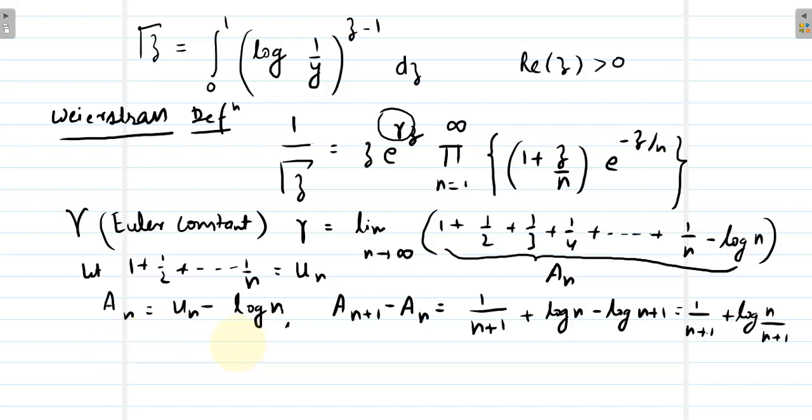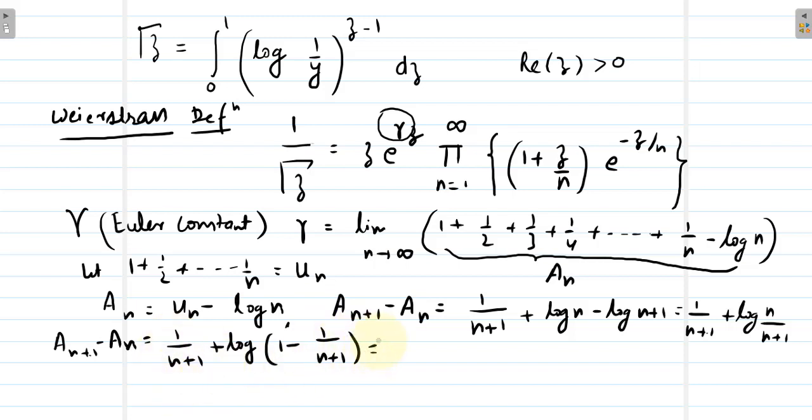Now, we can write an plus 1 minus an as 1 over n plus 1 plus log of 1 minus 1 over n plus 1, since this is n over n plus 1. And now, expanding this log 1 minus x, all the terms will be negative, and the first term will be minus 1 upon n plus 1, and that will cancel out this plus 1 over n plus 1.